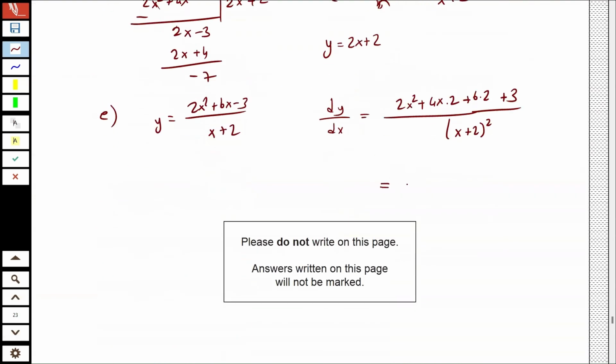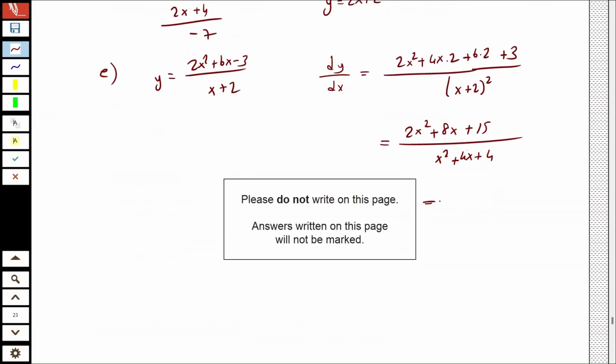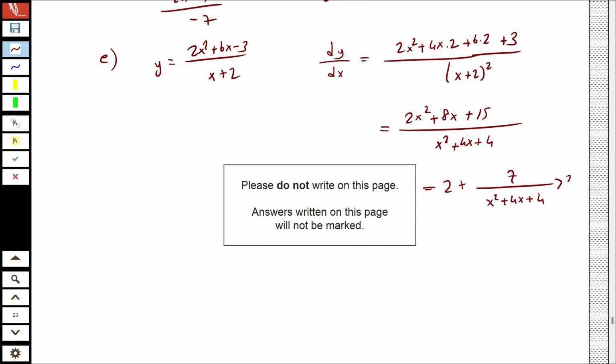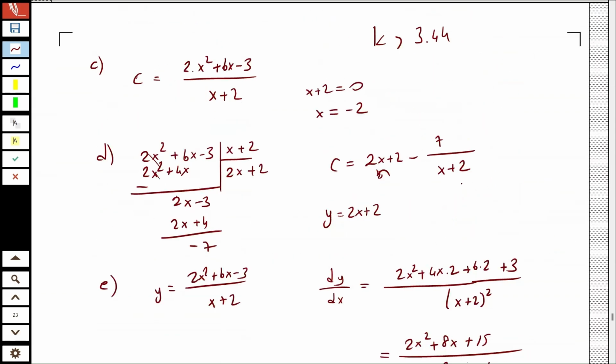In this case, the derivative of the function is (2x² + 8x + 15) over (x² + 4x + 4). We can also write this fraction as 2 plus, with the same denominator, a numerator of 7, which is greater than 2. Yes, we showed it.